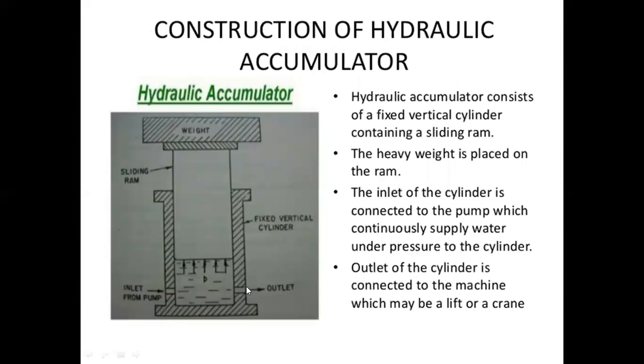Means if the machine connected with this outlet requires the energy, the energy stored in this liquid is applied to the required machine, and as it is supplied, the sliding ram will come down, means it will move downwards.